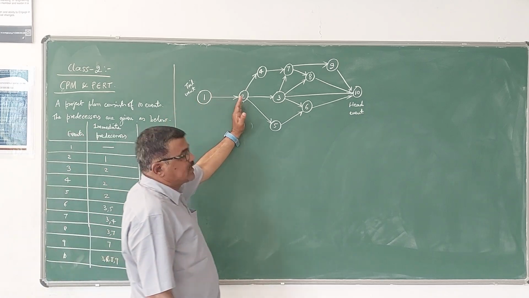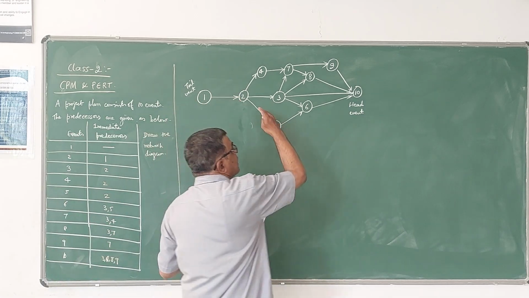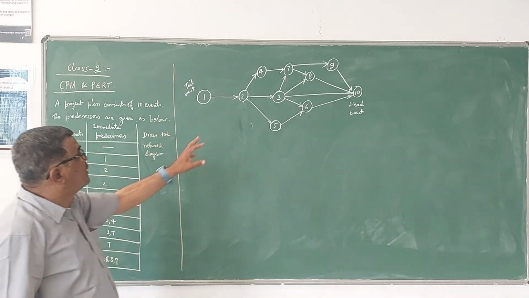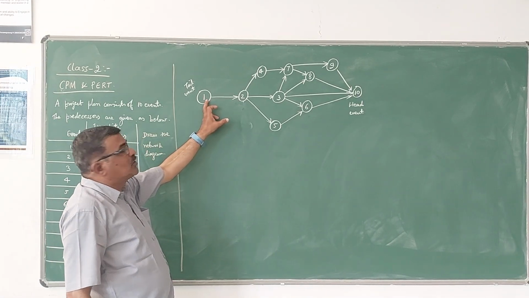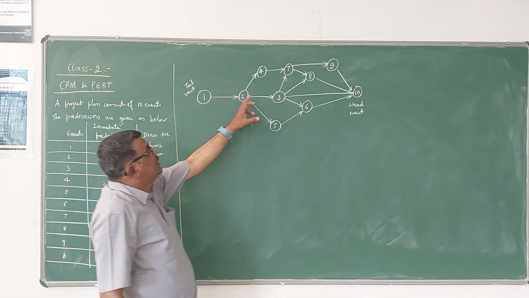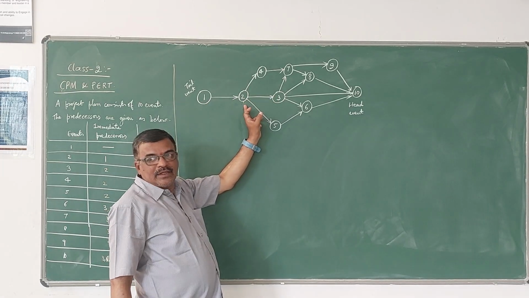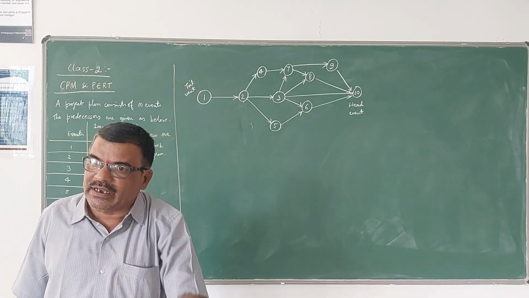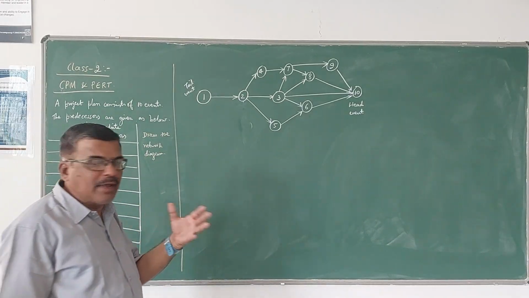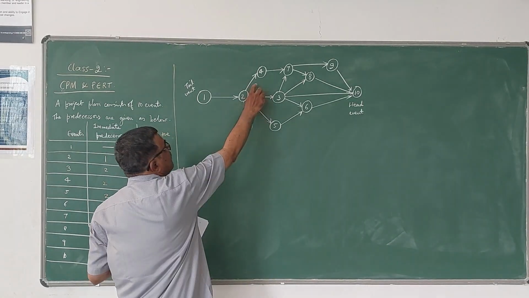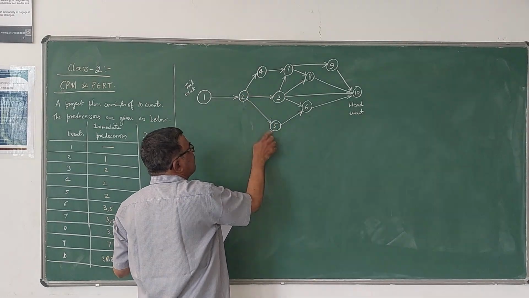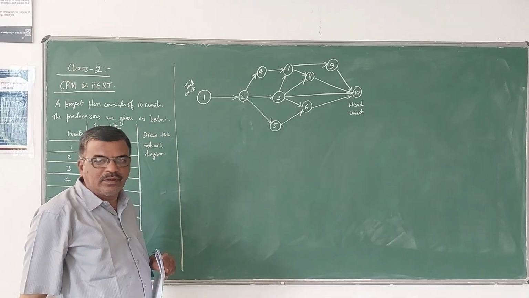All these are predecessors, and all these are successors. Successor means after. For example, here 2 is a successor to 1. 4 is a successor to 2. 3 is a successor to 2. There also you can have immediate. Here 4 is an immediate successor to 2. 3 is an immediate successor to 2. 5 is an immediate successor to 2.